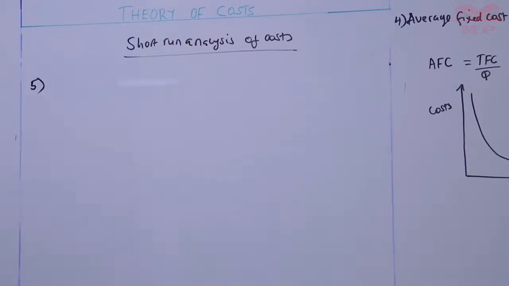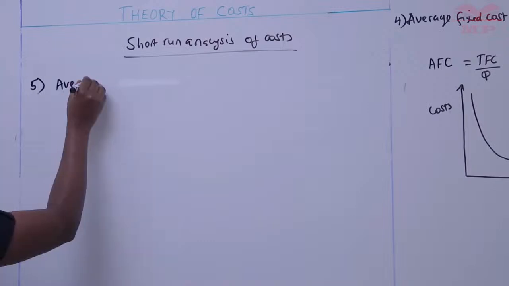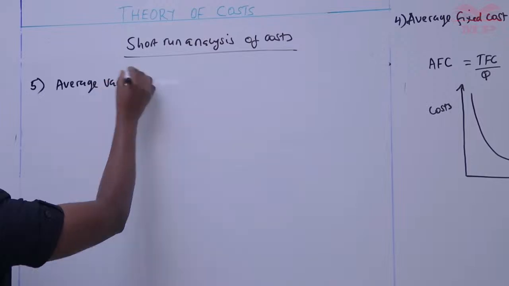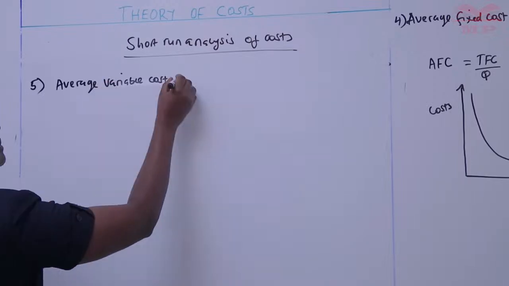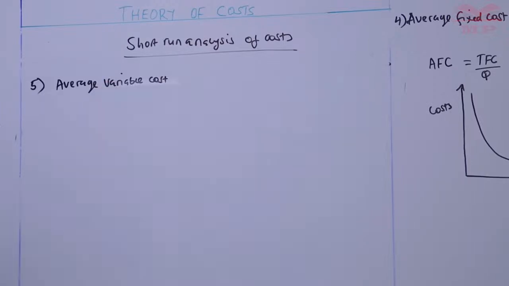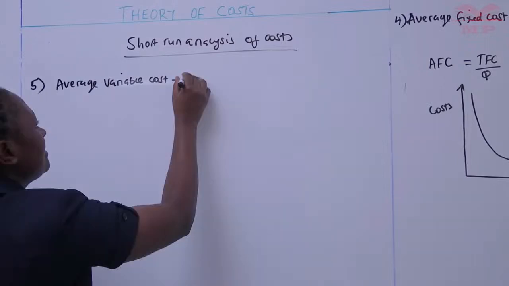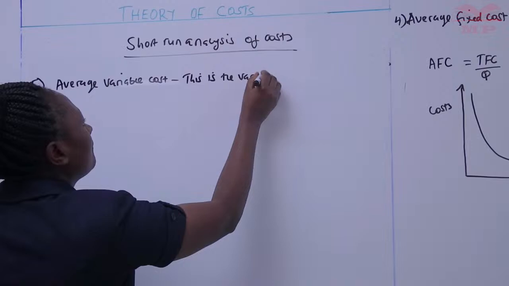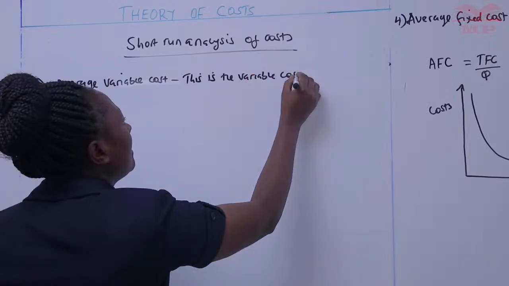So our number 5 cost is average variable cost. This is the variable cost per unit.